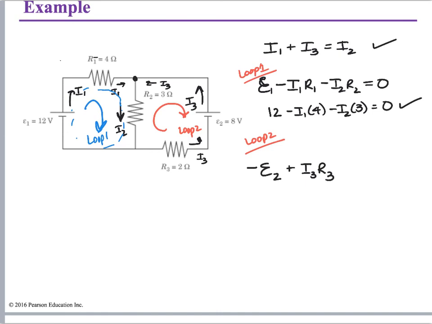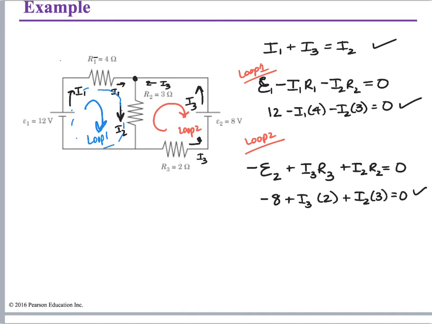And then likewise, I go through resistor 2 opposite to the current, and so that's again a potential gain, and that's I2 R2. Then I come around to the battery and I end up there. So putting in numbers, I have minus 8 plus I3 times 2 plus I2 times 3 equals 0.